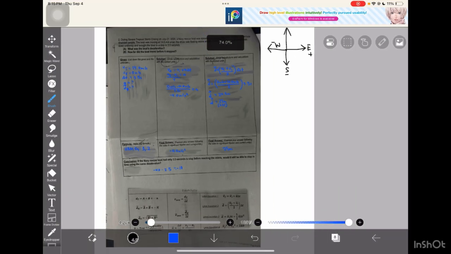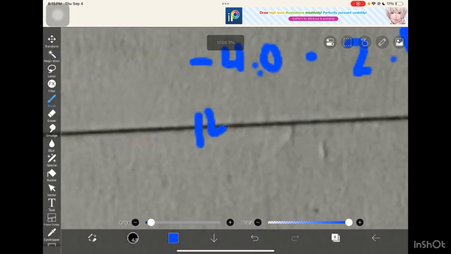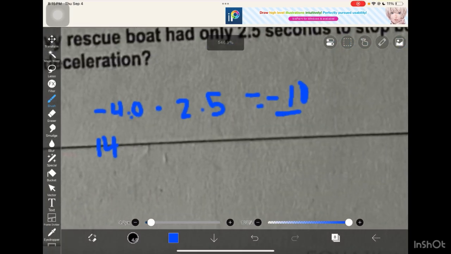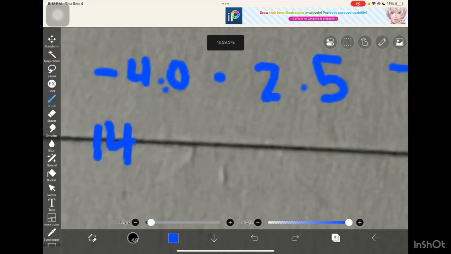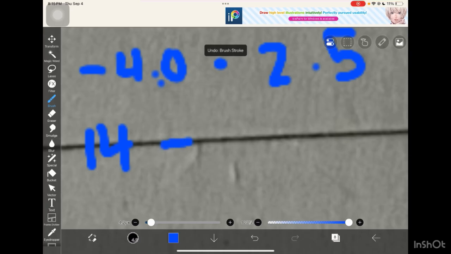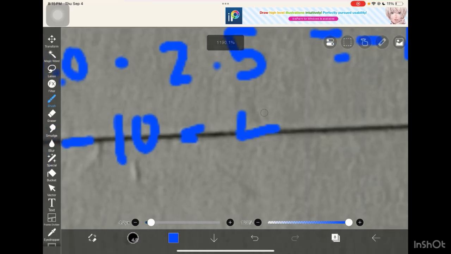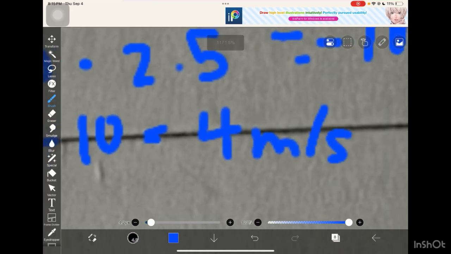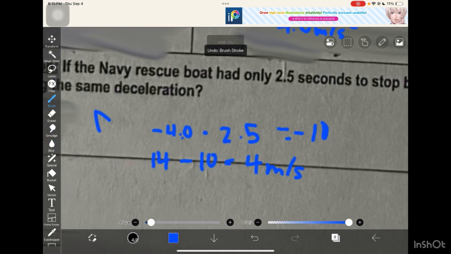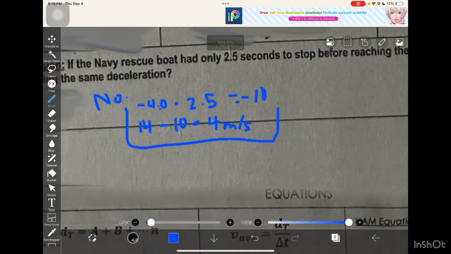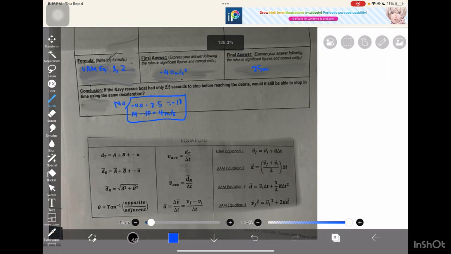The thing is, our initial velocity is 14, right? And this would be our decrease in velocity. So we have to subtract 10 from 14, which is 4 meters per second. And to come to a stop, it has to be 0, but this is 4. So therefore the answer here is no, and you can just use this solution.